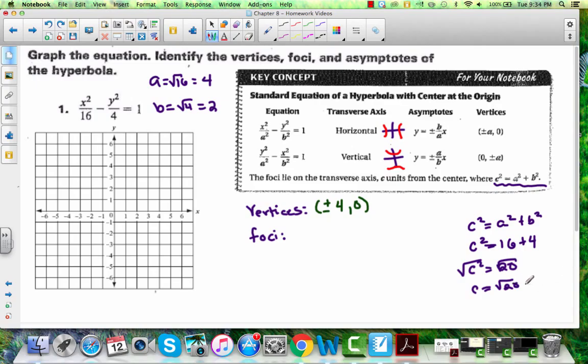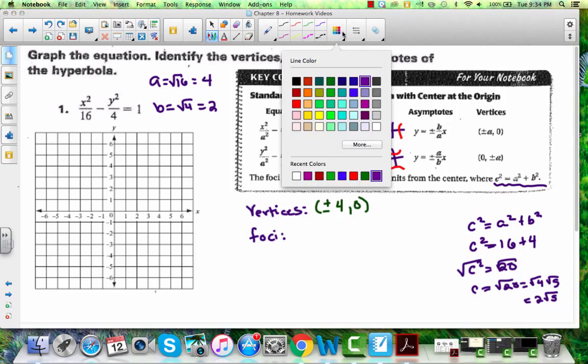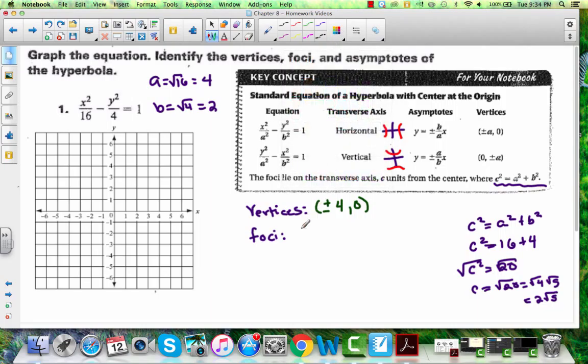If I simplify that, I can rewrite it as the square root of 4 times the square root of 5, which is 2 square root of 5, approximately 4.47. Now my foci are points, so I need to write them as points. Because I'm dealing with a horizontal hyperbola, they're going to be on the x-axis, so they're going to be plus or minus 2 square root of 5 comma 0.